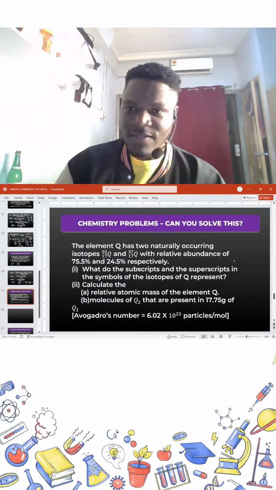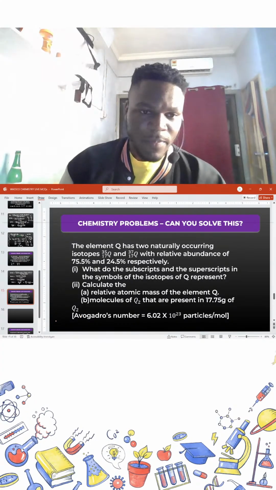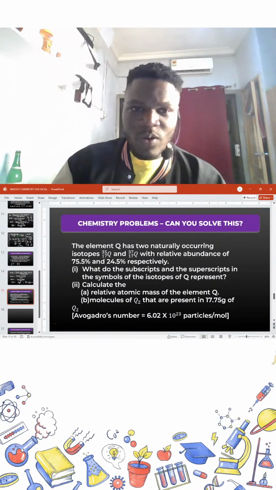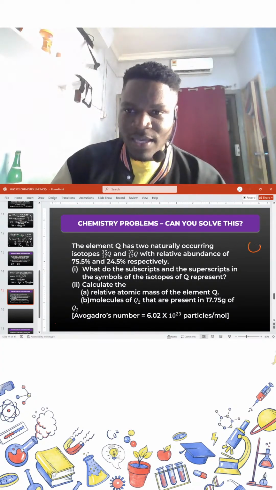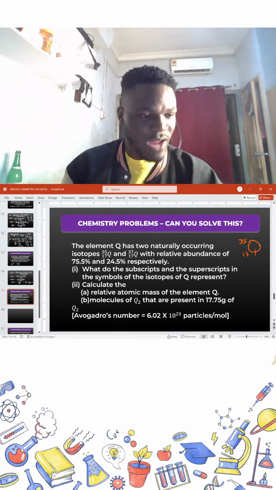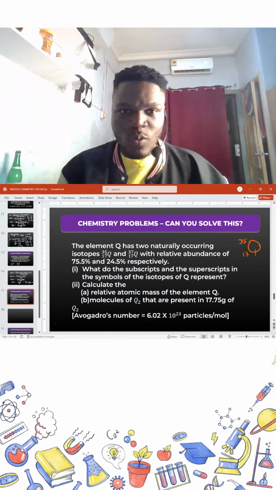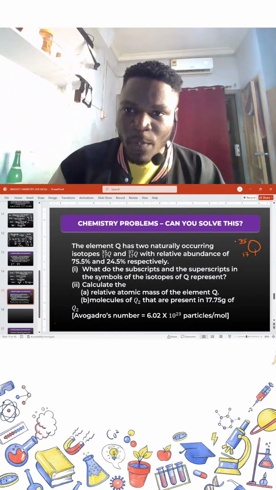Now, for instance, let me just quickly do this over here. So when we look at the element Q, let me take just one of the isotopes, Q 35 and then 17. Okay, so this is one of the isotopes. Now, when we take this as our isotope, the one at the top over here is what we are calling superscript.